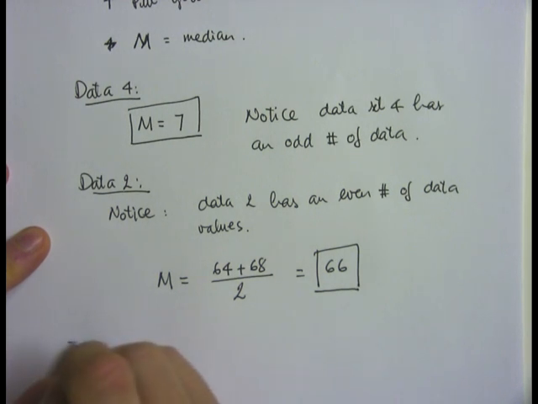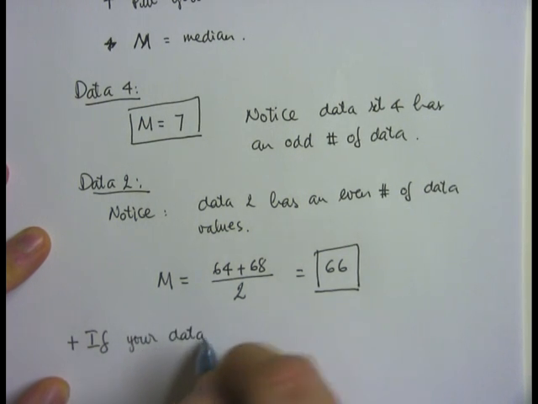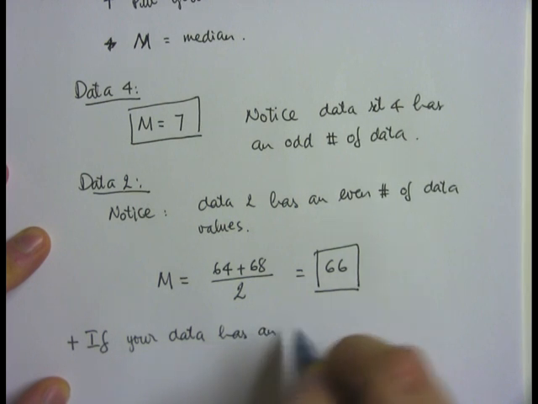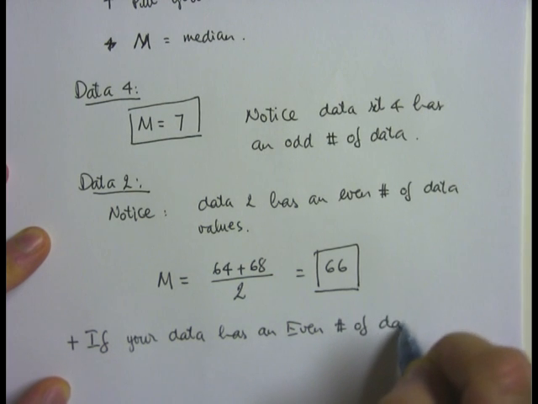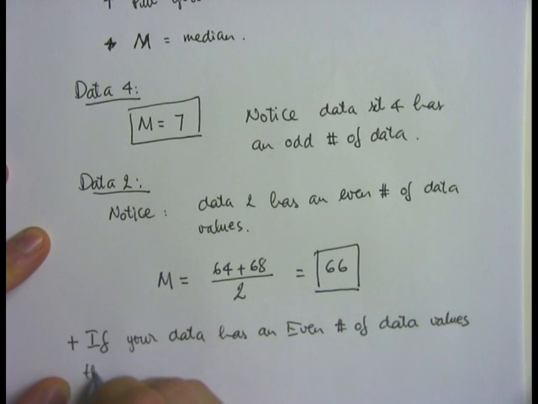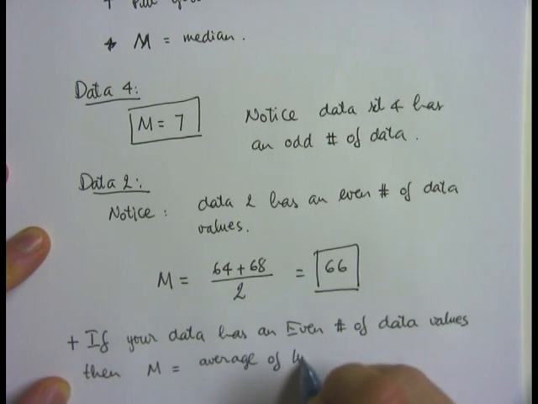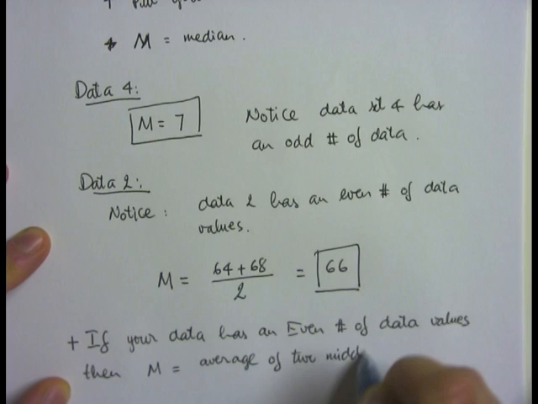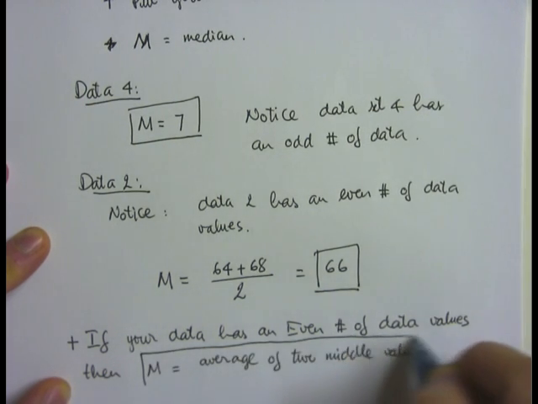So let's finalize the idea here. A quick remark: if your data has an even number of data values, then the median equals the average of the two middle values, and that would be a little rule for today.